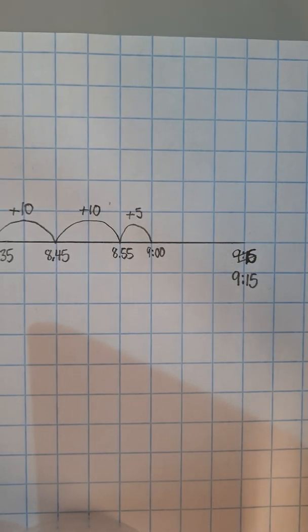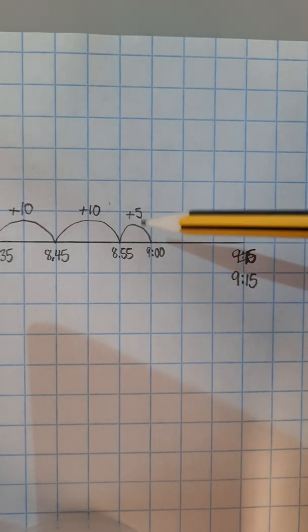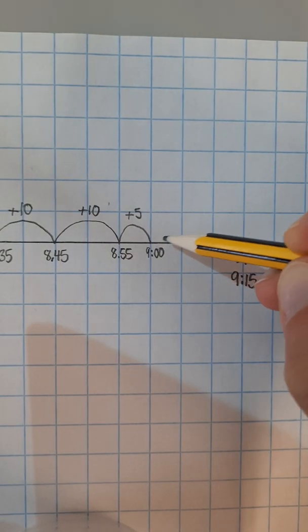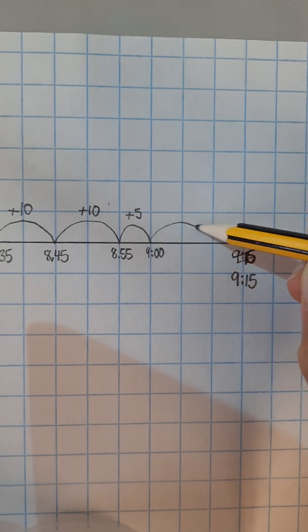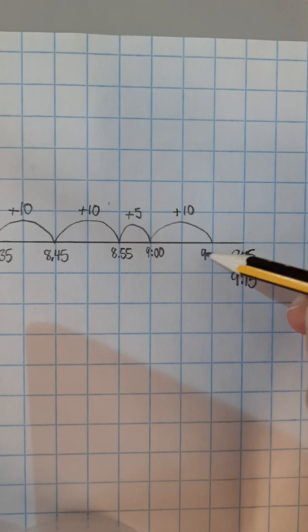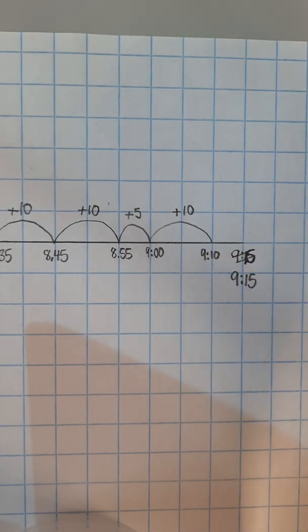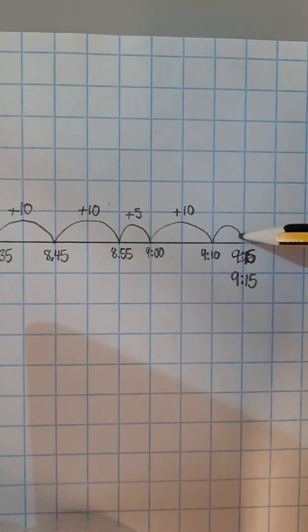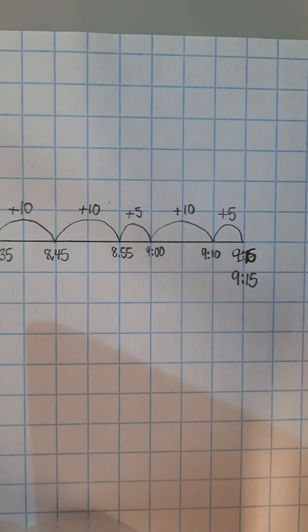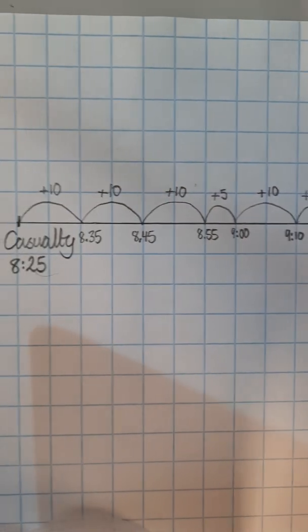So it might be I make one big jump of 15, or it might be I make a small jump of 10 and then a small jump of 5. So let's make the jump of 10 and 5. So I'm going to make this first jump of 10. I'm going to plus 10, and that will make it 9:10. I've then got a small gap here, and there I will plus 5, and that will take me to 9:15.